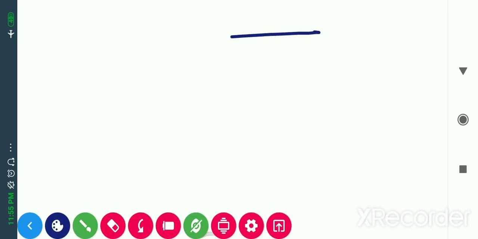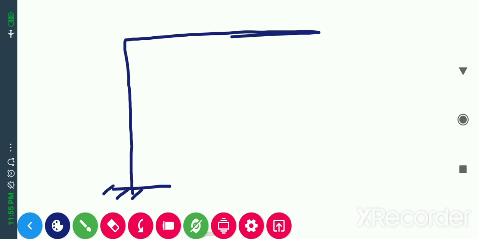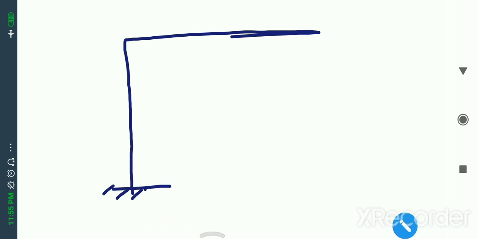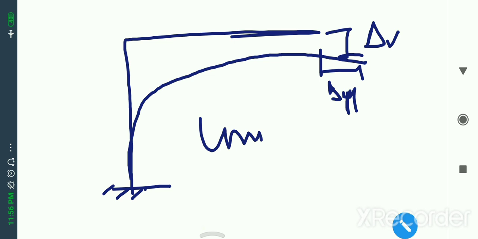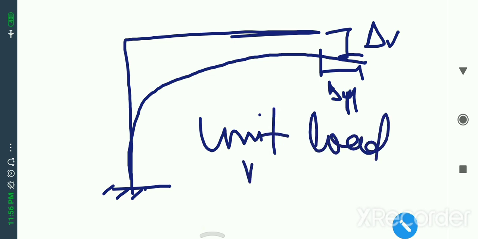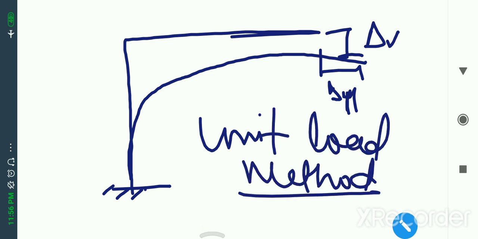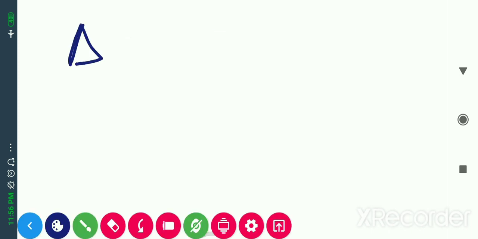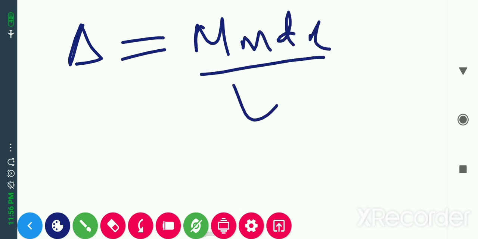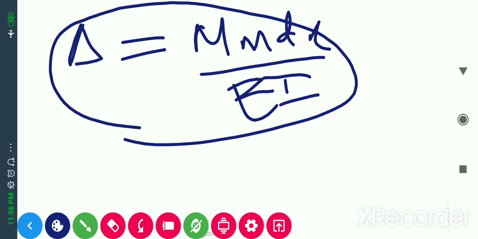We had this frame, and we had to determine the value of the vertical deflection and this horizontal deflection using the unit load method. So we have seen how to apply this equation, the integral of Mm dx by EI, in frames.